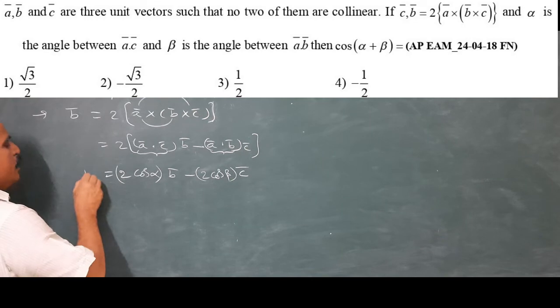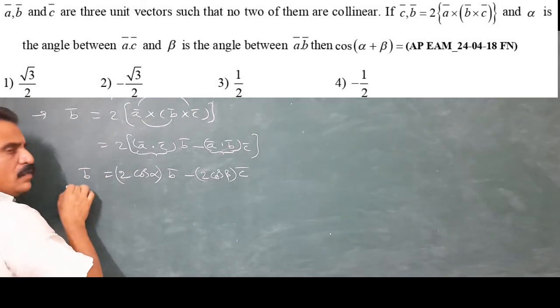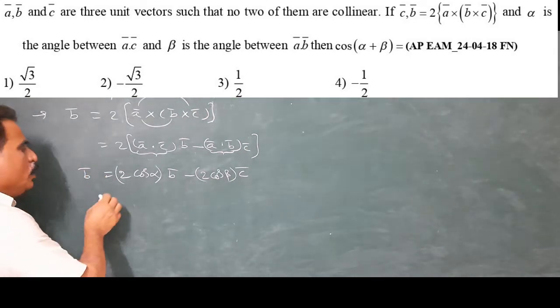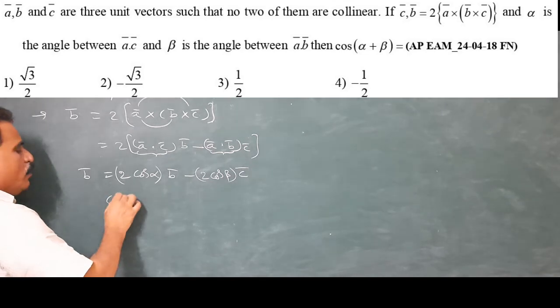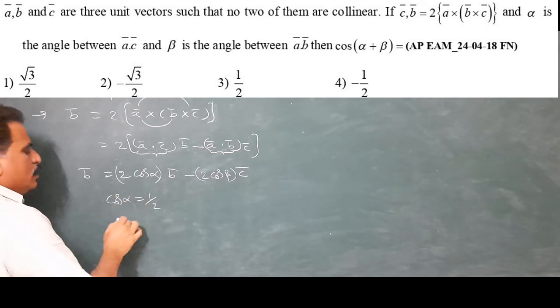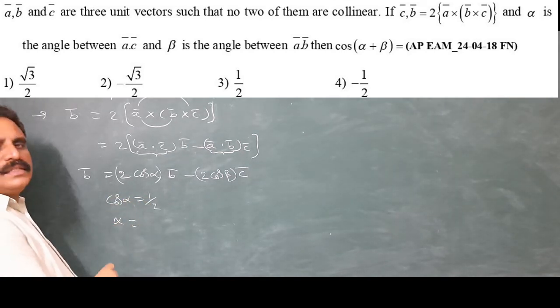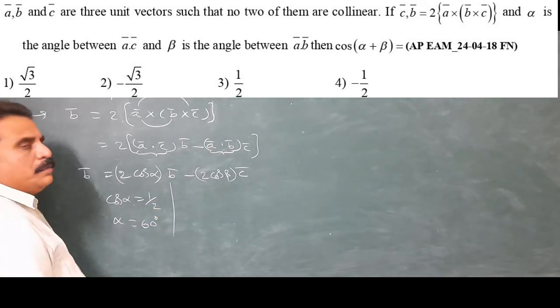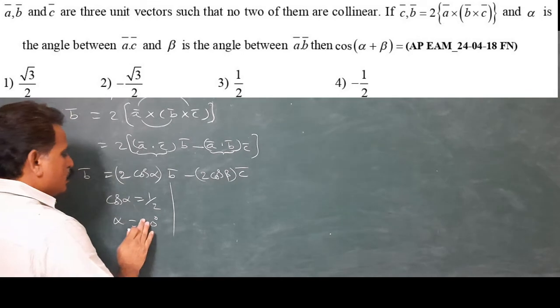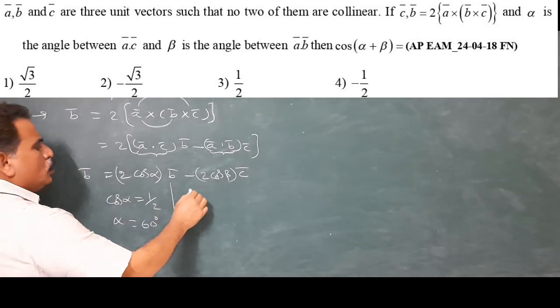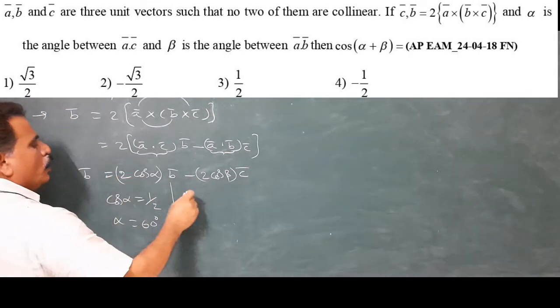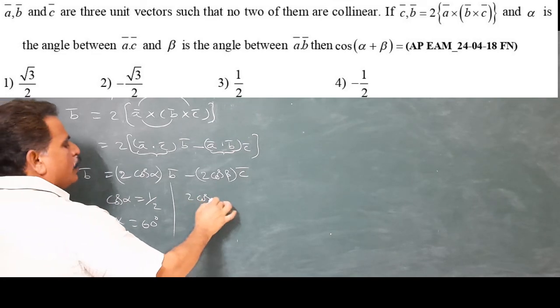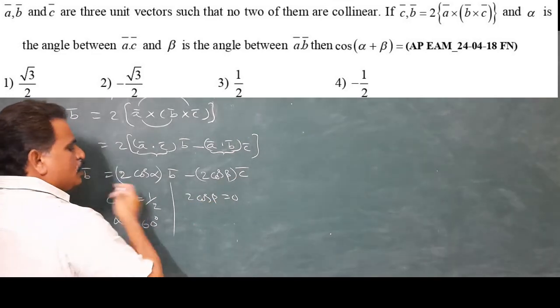Compare both sides. This side is B bar, so 2 cos alpha equal to 1, cos alpha equal to 1 by 2, so alpha is, what is the angle? Alpha equal to 60 degrees. Next, 2 cos beta is 0 by comparison, since there is no C bar there.